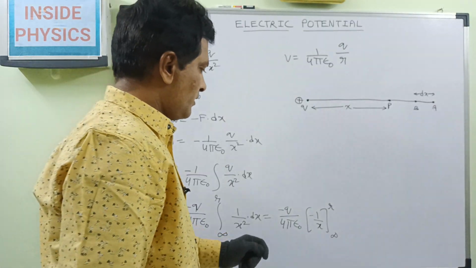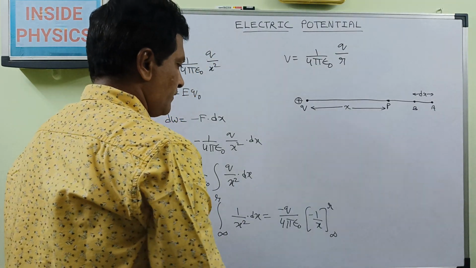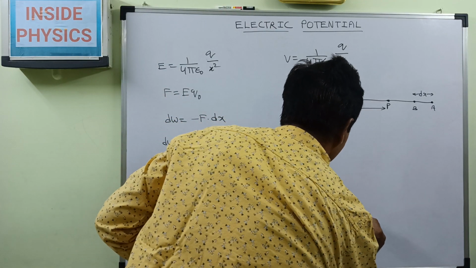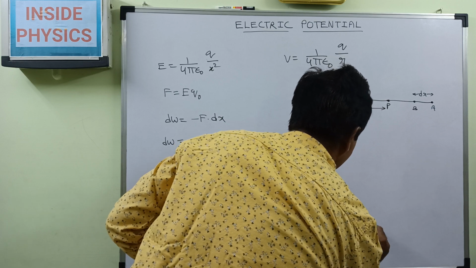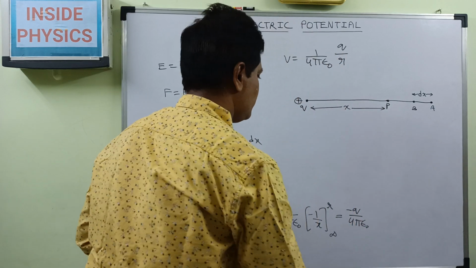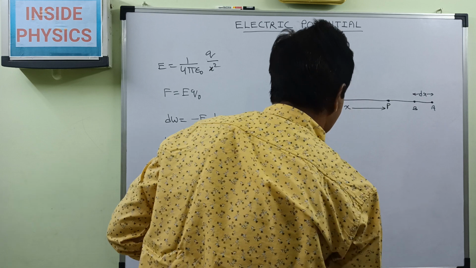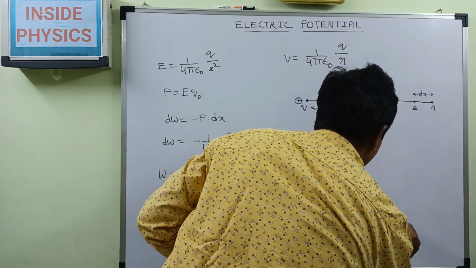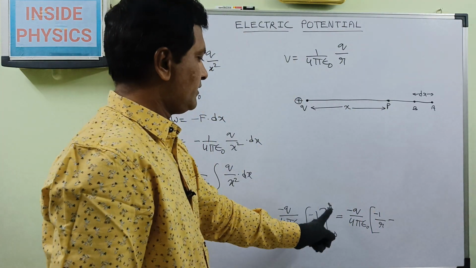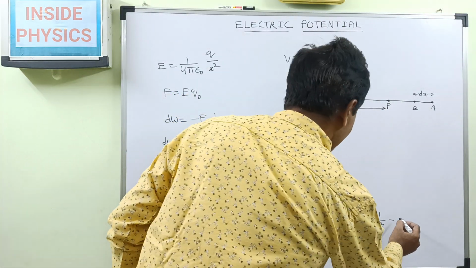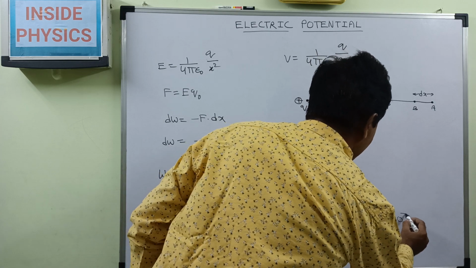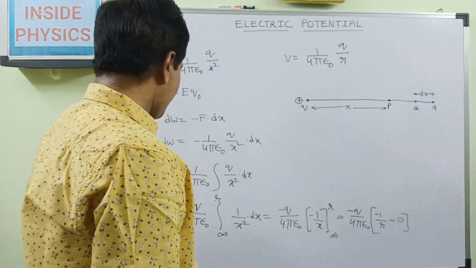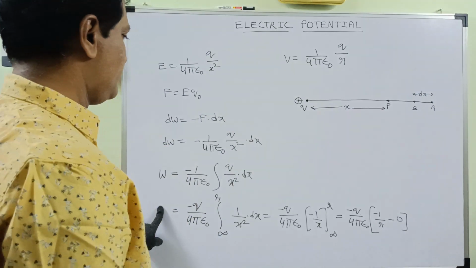So here the equation will become minus q by 4 pi epsilon naught, minus 1 by r minus of, in between the limits infinity, 1 by infinity will become 0. So here finally, what will the work done be?